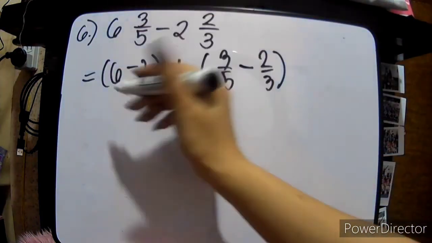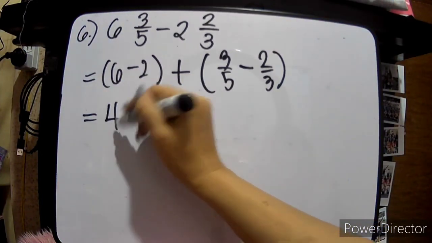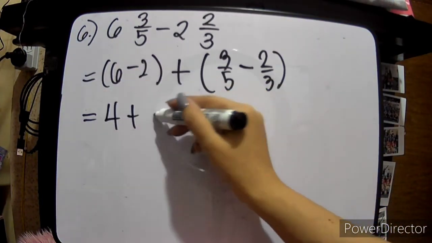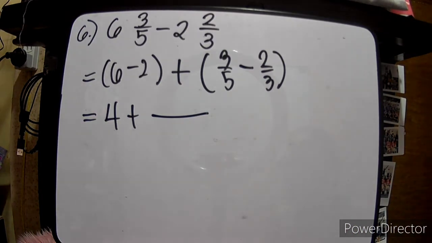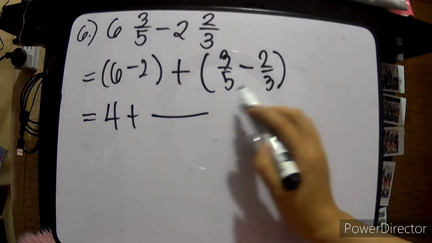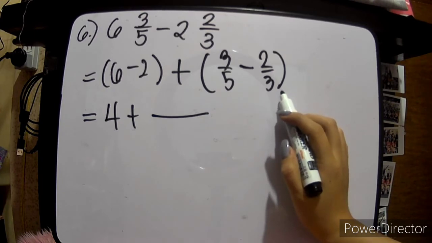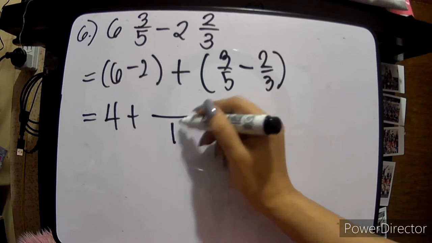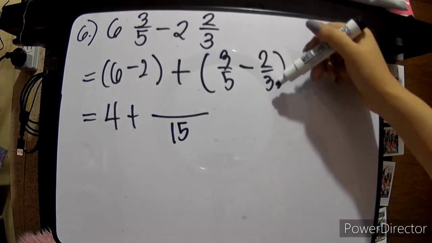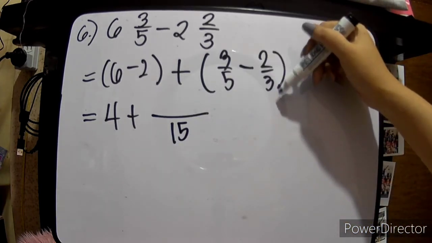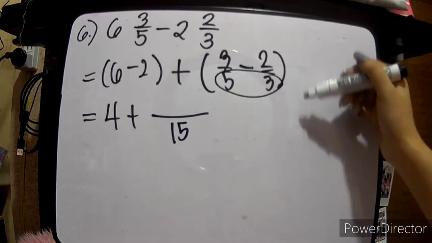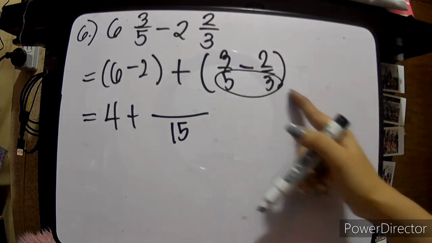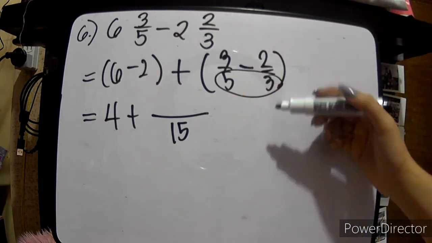Okay? So, this is 4 plus one of my shortcut kapag alam kong walang common factor yung denominator ko, pinagta-times ko yun. So, 5 times 3 is 15. Then, para malaman ko yung nasa numerator, di ba, pinag-times ko, that will be my LCD.